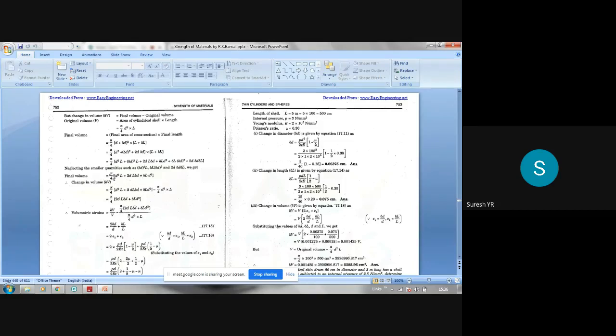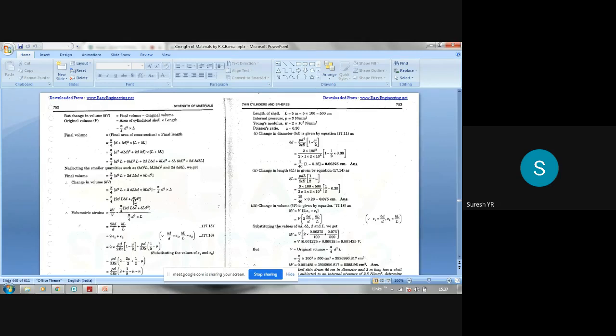Next, change in volume, delta V, will be this minus this, so final volume minus initial volume. If you subtract, the first term will get cancelled with the last term, and only these 2 will remain. So this is the change in volume.